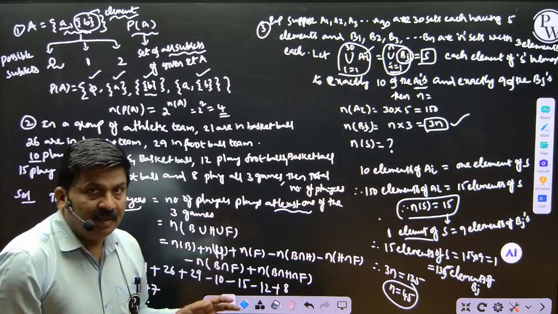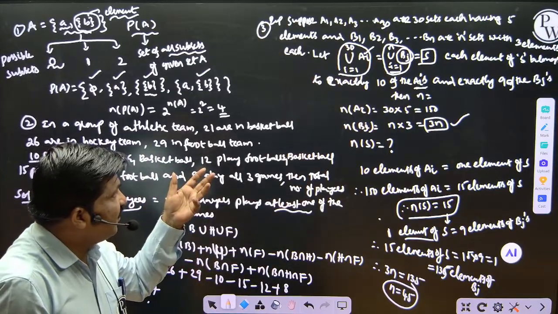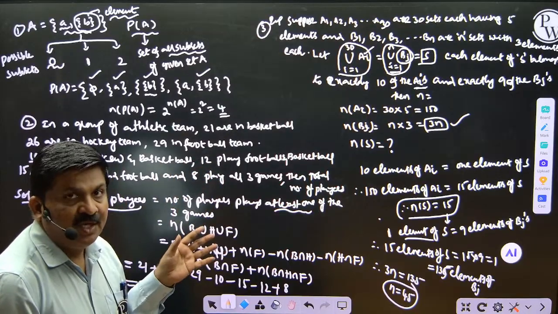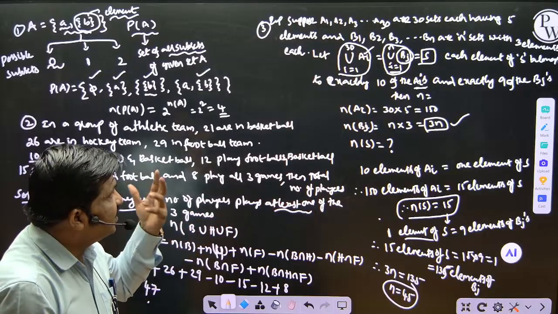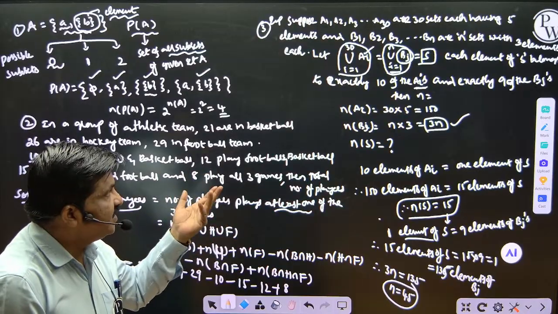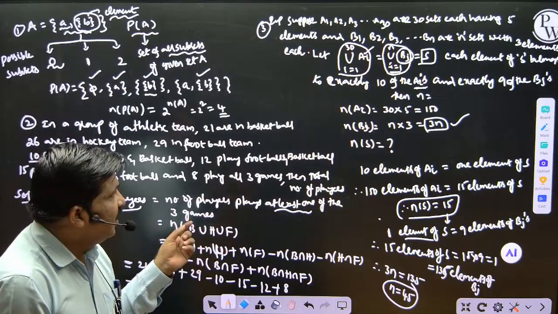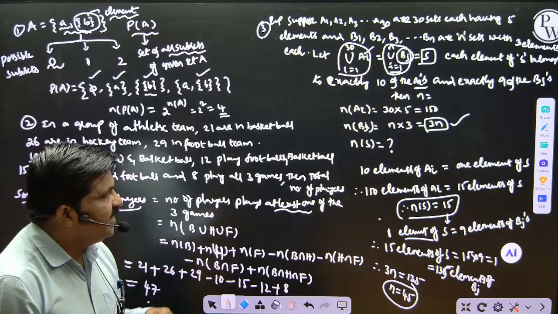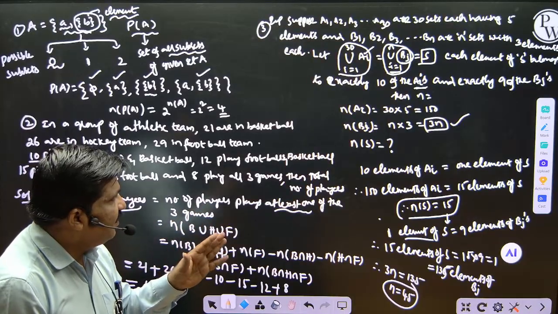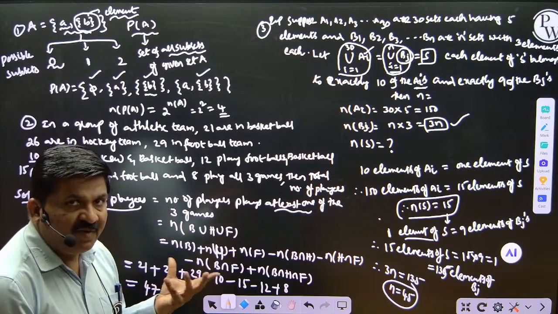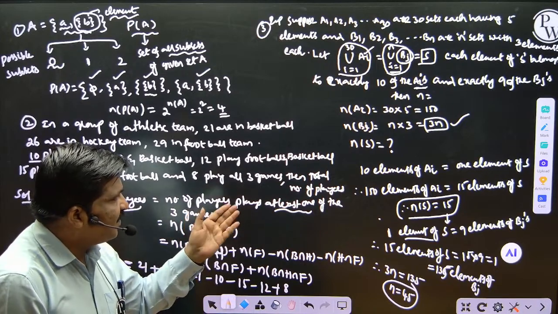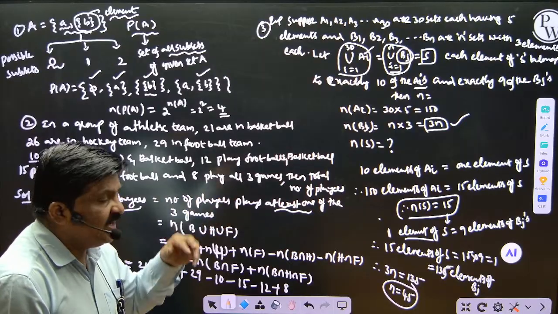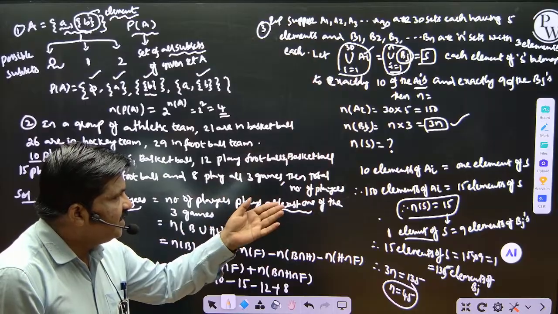To recap: the union of the 30 sets Ai and the union of the n sets Bj is equal to S, so we need the number of elements in the Ai's, in the Bj's, and in S. The number of elements in the Ai's is 150, in the Bj's is 3n, and in S we found it this way: 10 elements of Ai is equal to 1 element of S, and the Ai's have 150 elements, so S has 15 elements.